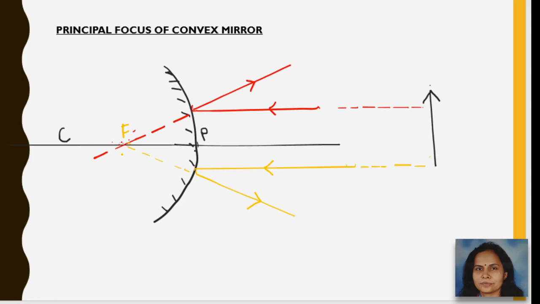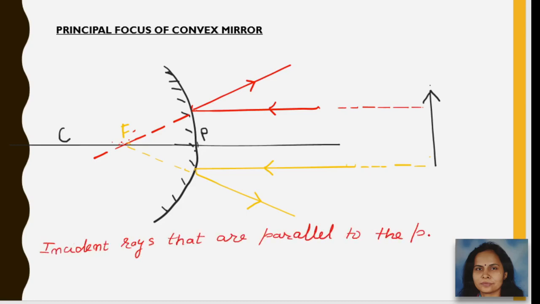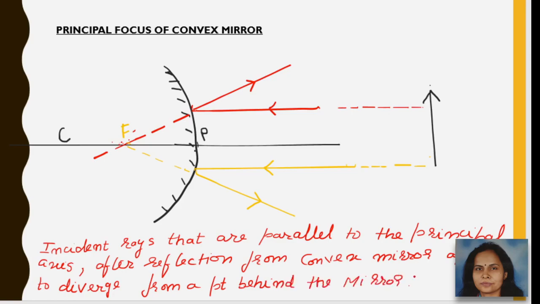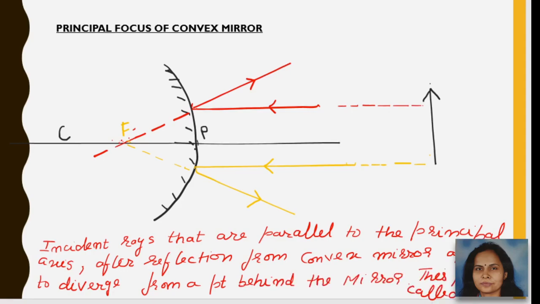So let's define it: incident rays that are parallel to the principal axis, after reflection from a convex mirror, appear to diverge from a point behind the mirror, and this point is called the principal focus of the convex mirror, right?